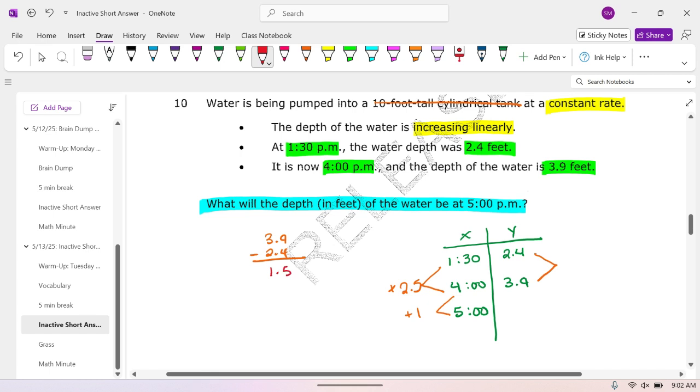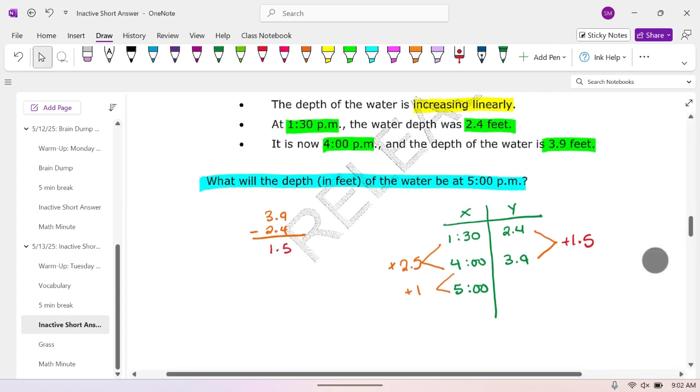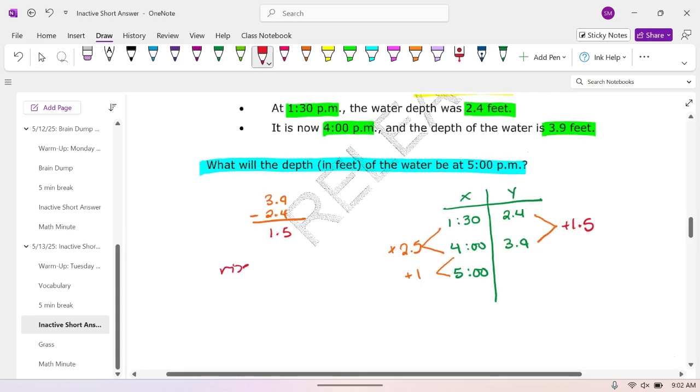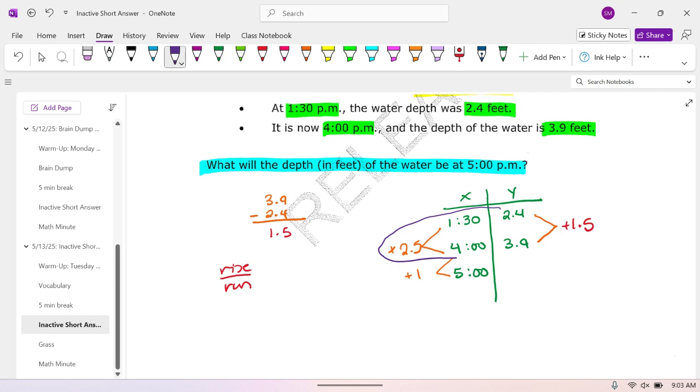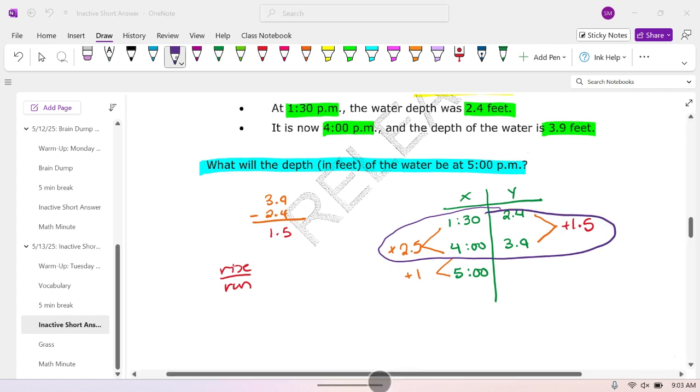So it'd be 1.5. So they added 1.5 water. So if we do rise over run, let's use this part right here for the rise over run, so my 2 points. All right, what's my rise?